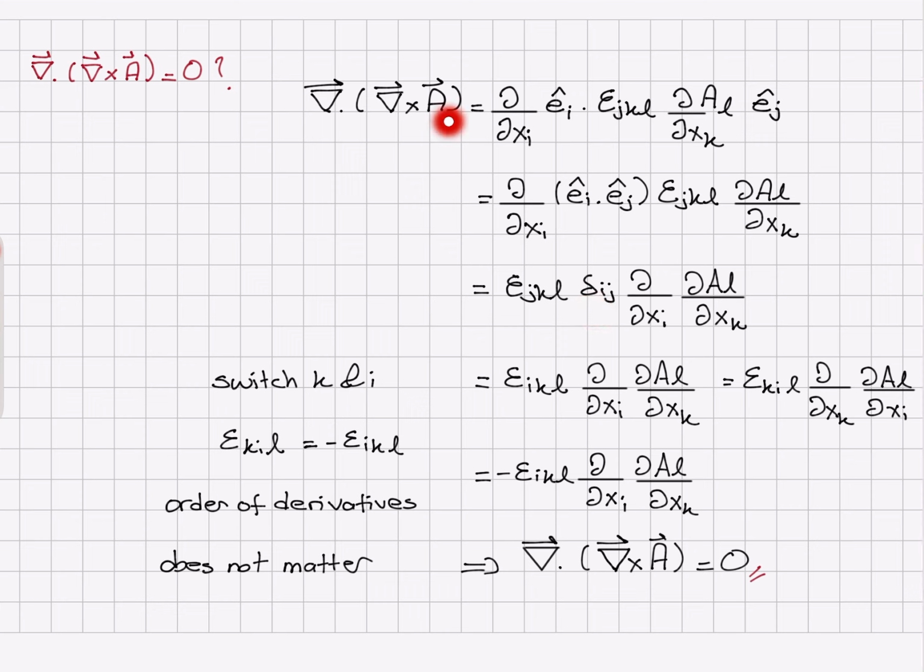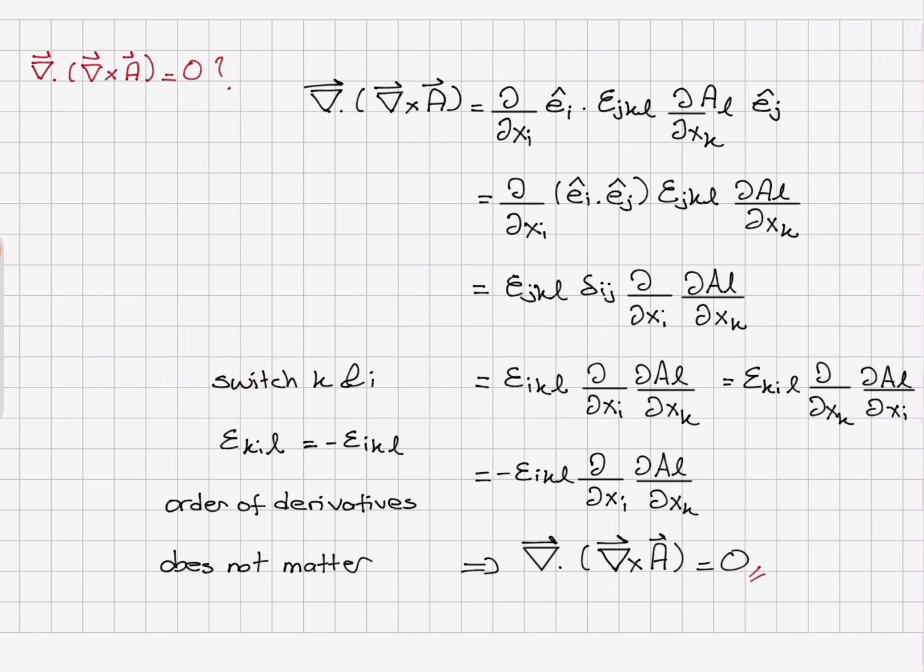So for the curl, we have epsilon jkl ej hat del del xk Al, and first I have rewritten i equal to j, so j has been replaced by i. So this is epsilon ikl del del xi del Al del xk. Then I have renamed k as i and i as k.